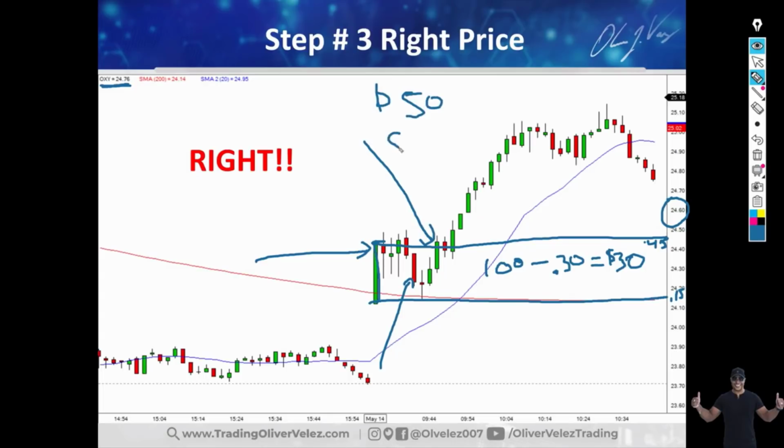Now, if my maximum loss per trade was $100, I could actually trade 200 shares or 300 shares of this stock most of the time. 300 shares with 30 cents only gets me a $90 loss. It stays within my maximum loss per trade of $100.